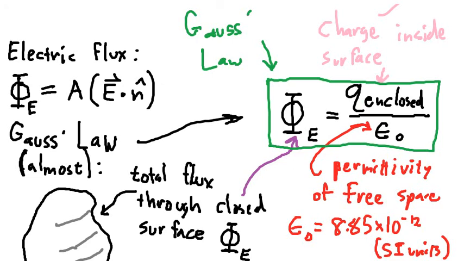Then let me move my pink letters. The charge inside the surface is actually this. And the other thing is our permittivity constant.